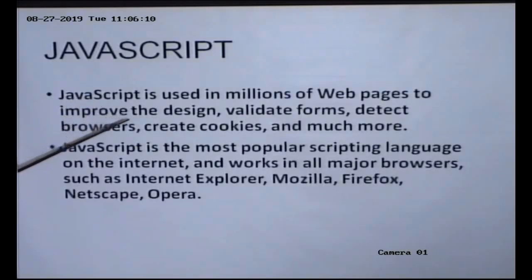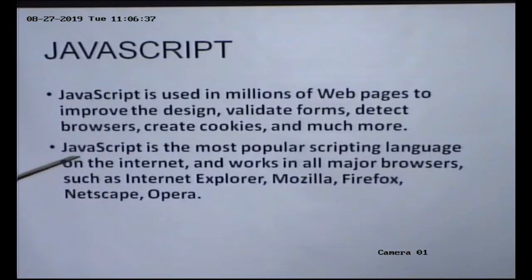Because if you want to perform any validation inside the form, JavaScript is the fundamental client-side programming that will help create validation. It can also create cookies. By using JavaScript, these things are possible. So that's why we are using JavaScript in web language.